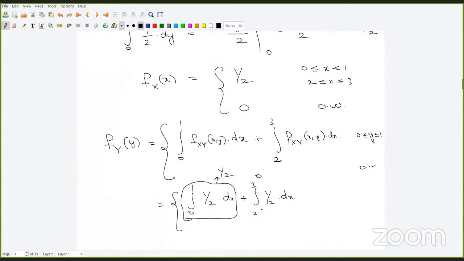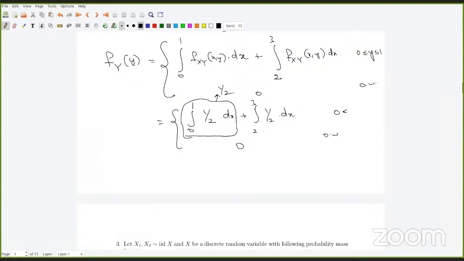Now, what will this value be? Half. So again, the integral of half dx is x by 2. So this will be the first part, half, plus x by 2 with 3 and 2 as the limits, so 3 by 2 minus 2 by 2, which is again half.